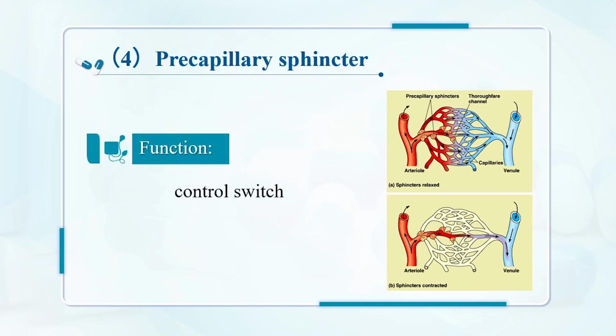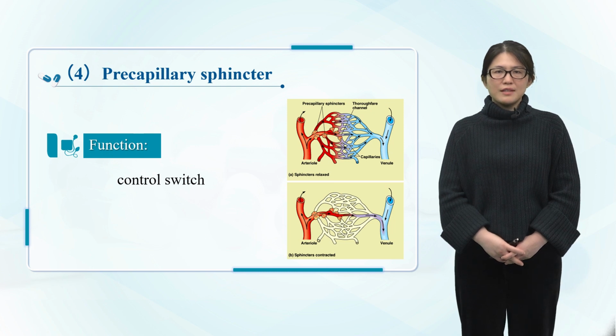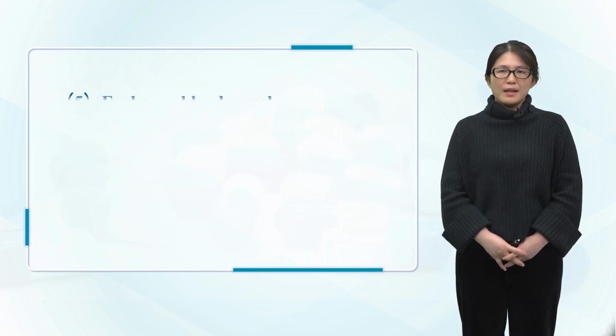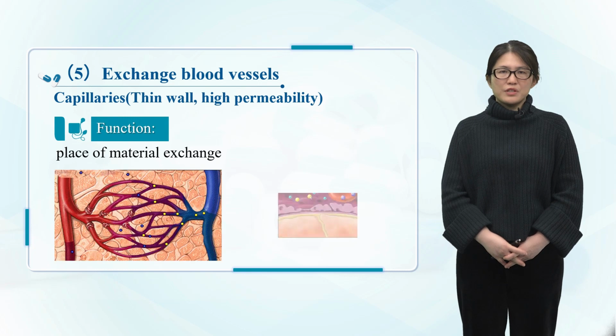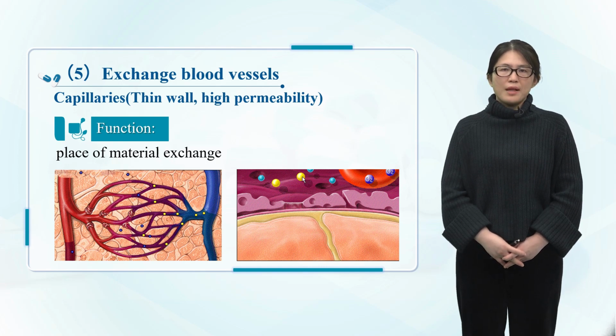Precapillary sphincter refers to the smooth muscle that surrounds the beginning of true capillaries and is part of the resistance vessel. Its diastolic activity can control the opening or closing of capillaries, so it can control the number of capillaries open in a certain period of time.